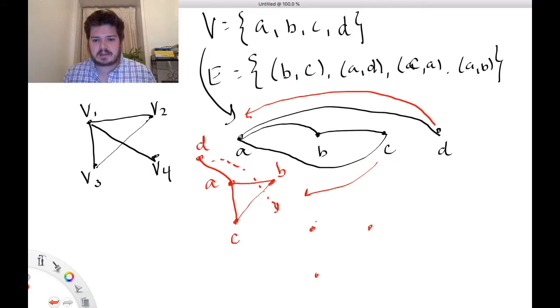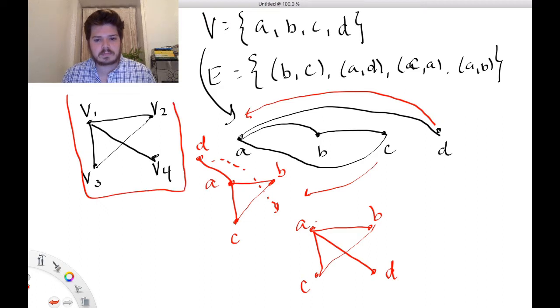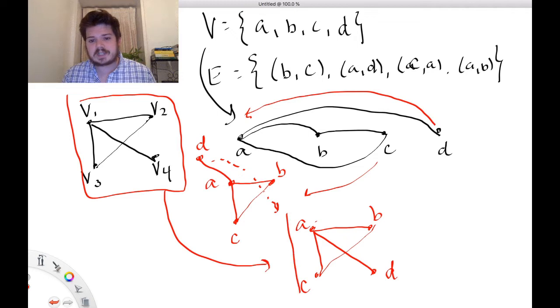So A, B, C, and D is wrapped around the other side. Now look at these two graphs, they're essentially the same. All I've done was rearrange some of the vertices.